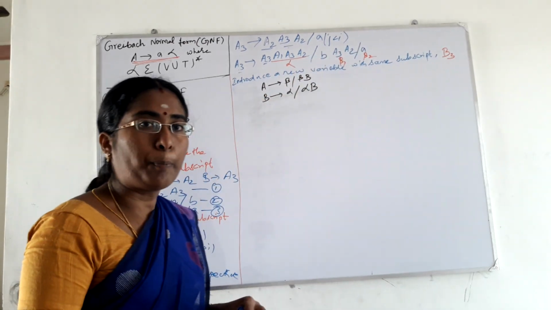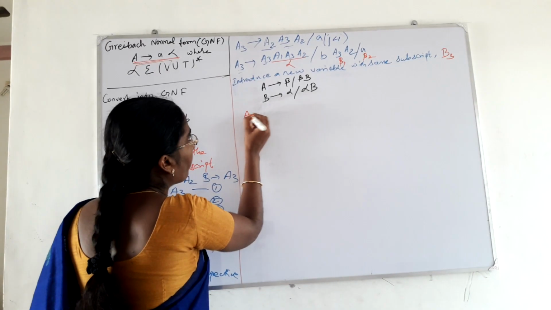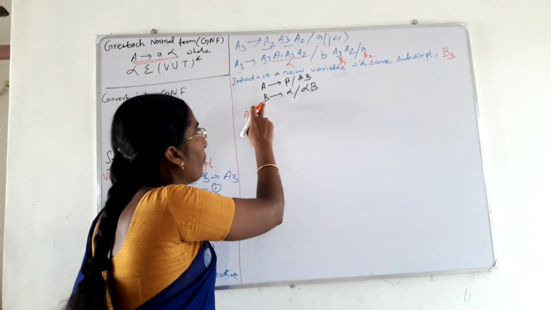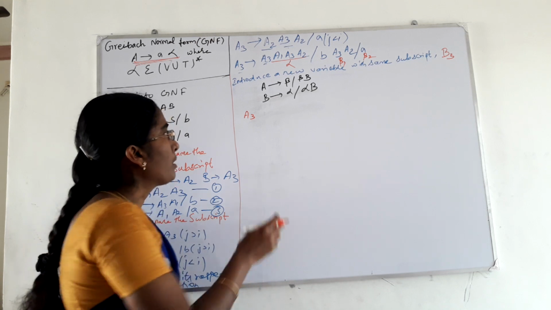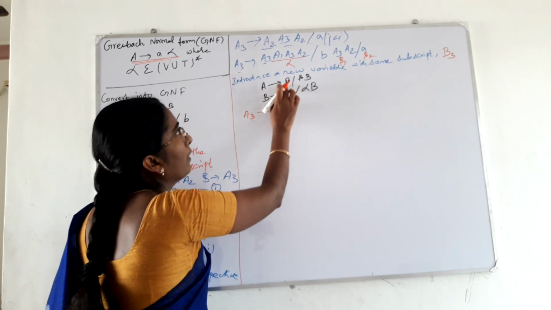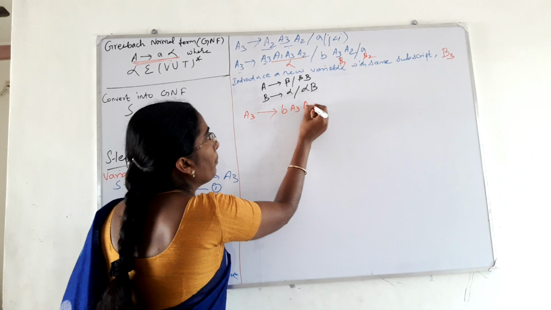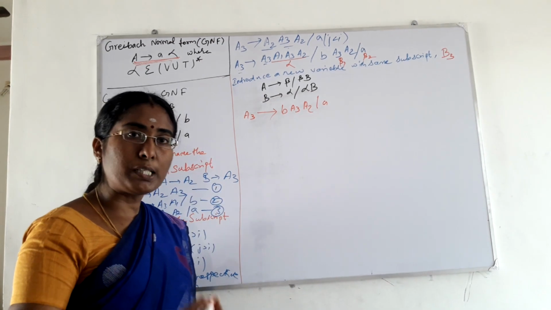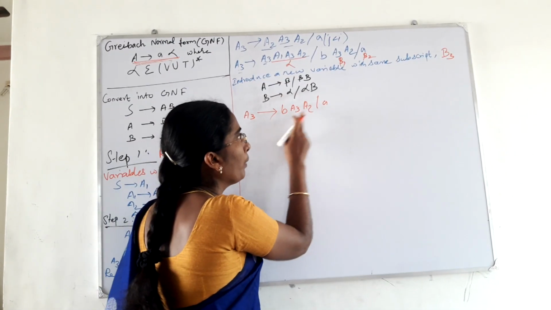Now we will write the production for A3 and B3. What is the production for A3? Instead of A, we will use A3. For B, we will consider B3, that is our new variable. So what is our A3 production? A3 implies beta. Here what is beta? b A3 A2 slash A. These are the 2 beta values in our example. Beta 1, beta 2.